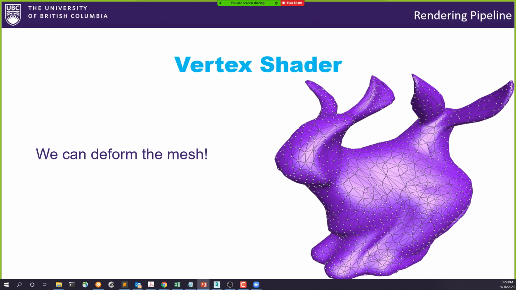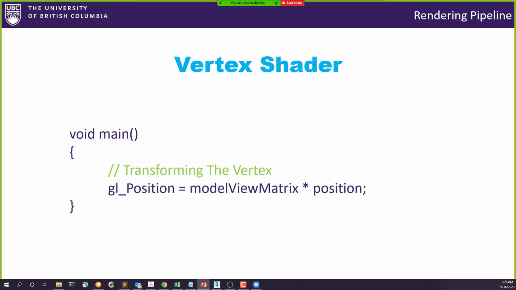If the original model was an OBJ that you're loading into your code, the OBJ stays the same. This geometry is modified in real time in your GPU, just a tiny few microseconds before it's actually rendered on your pixels, okay? So this is the most simplified version of a vertex shader.